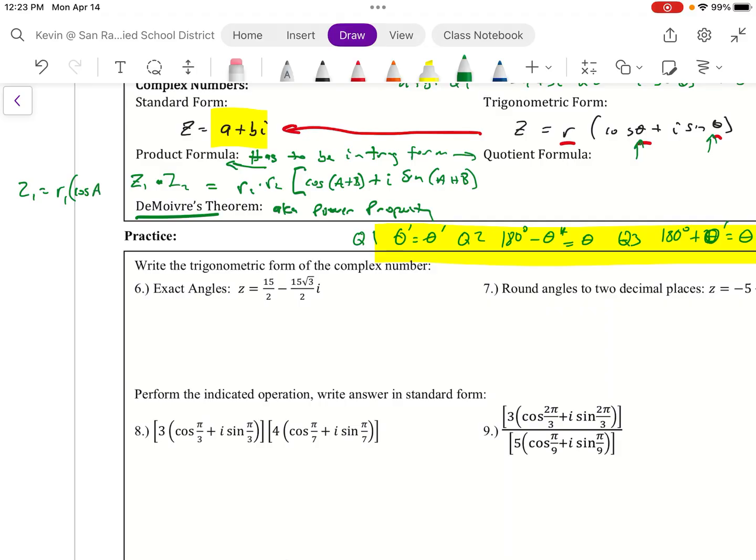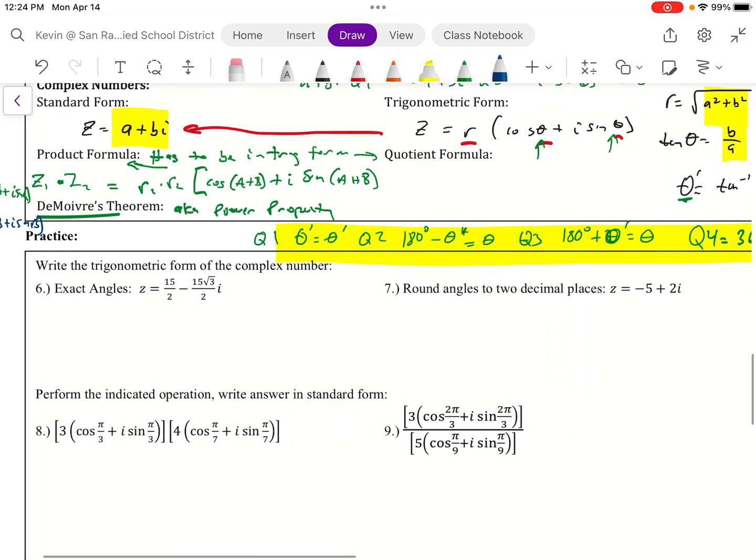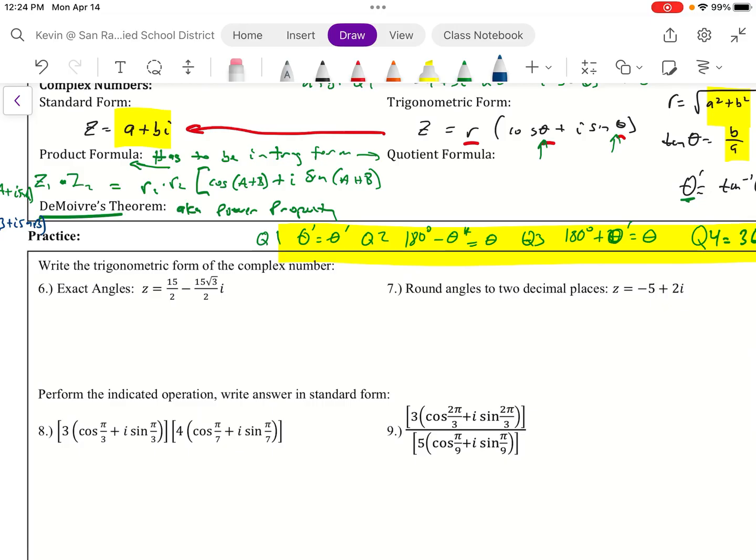Because z sub 1 is going to be r sub 1 times cosine of a plus i sine of a, and z sub 2 equals r sub 2 times cosine b plus i sine b. So those are the a's and the b's there.